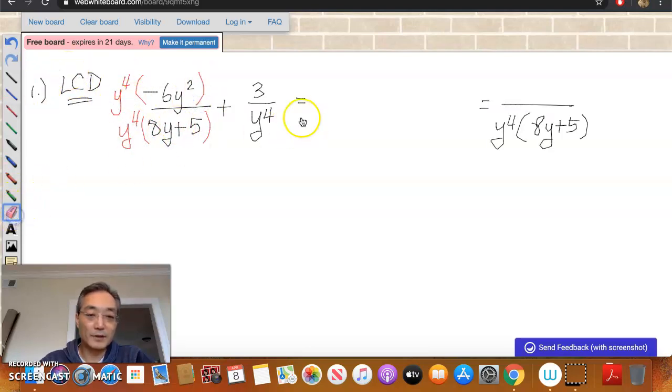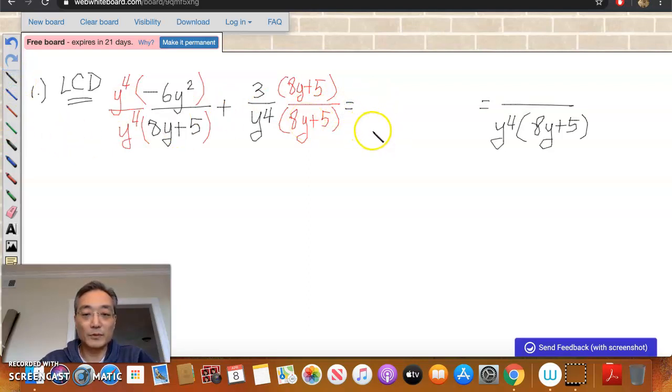And in the second expression, we're going to have to multiply top and bottom by 8y plus 5, like so. So let's see what we get then.